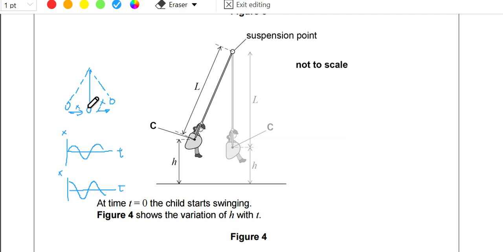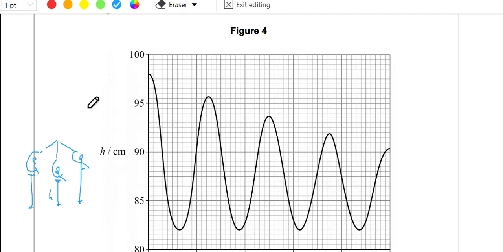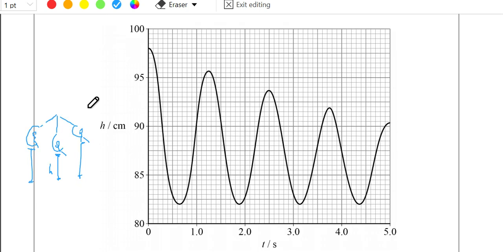But here in this question, it is between the vertical displacement, okay, and the time.